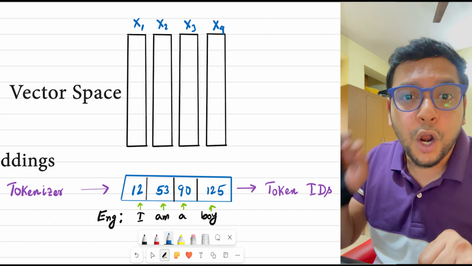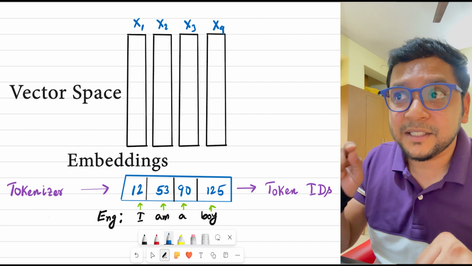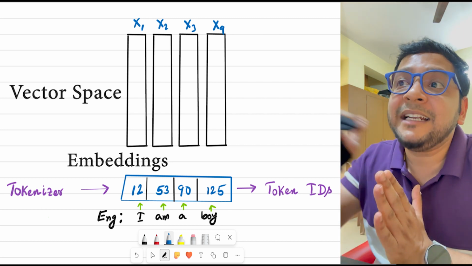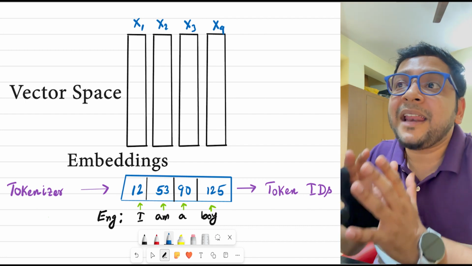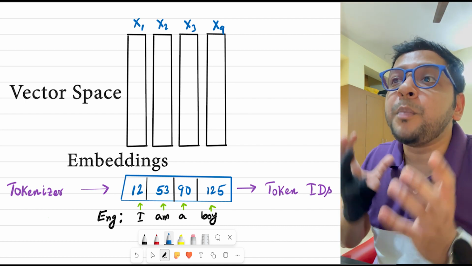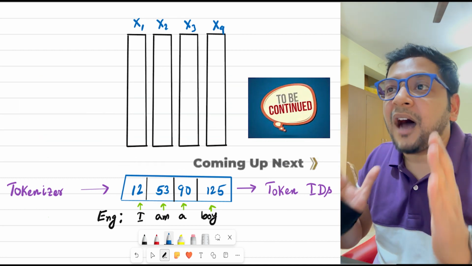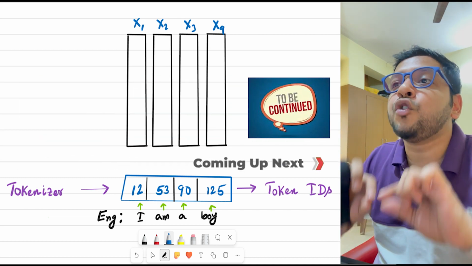This process is called embeddings. Thus the numbers are converted into a higher dimensional vector space where it can capture much more meaning and context and weightage of a word with respect to its neighboring words or with respect to all of the words in the sentence.